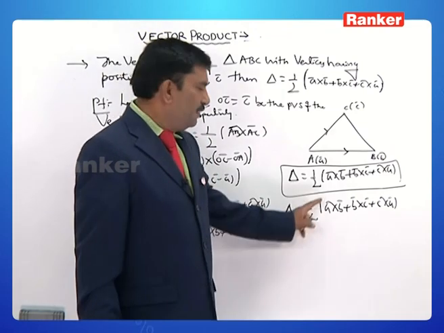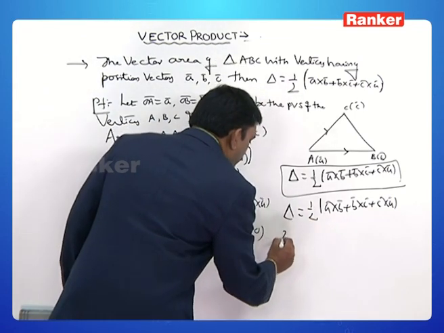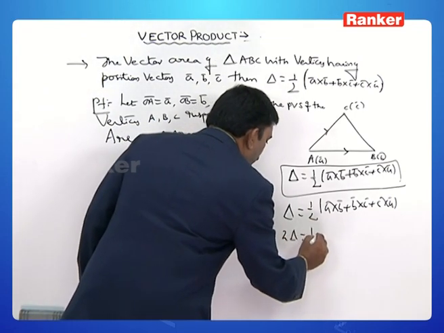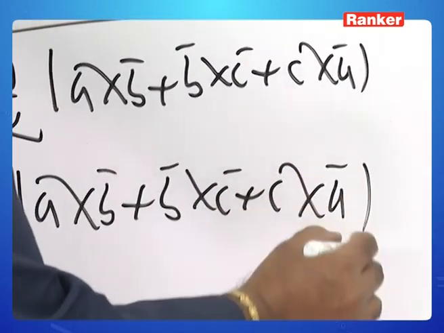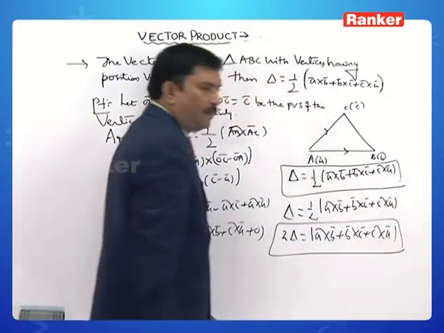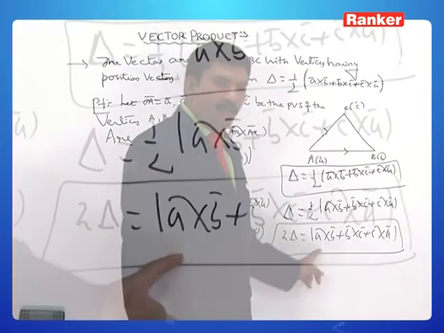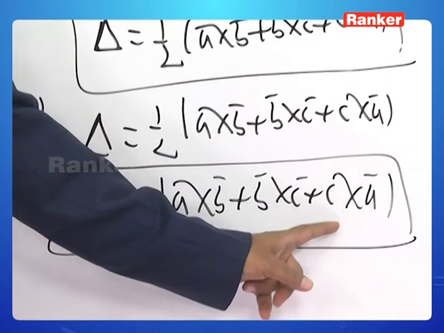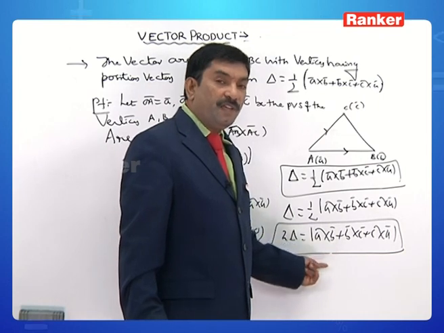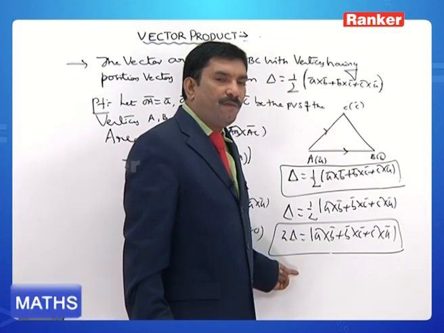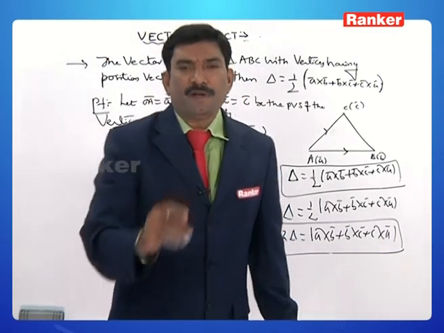This is the scalar area, and this is the vector area. And if I cross multiply, this can be written as 2 delta into A cross B, B cross C, C cross A. Remember, wherever you come across modulus of A cross B plus B cross C plus C cross A, this represents twice the area of a triangle with the position vectors A bar, B bar, C bar.